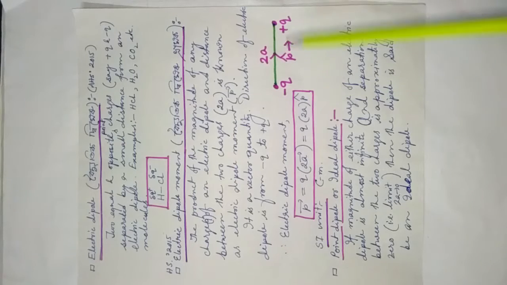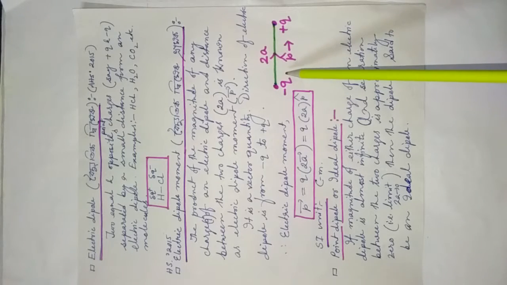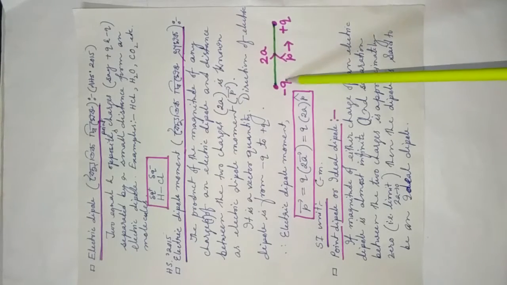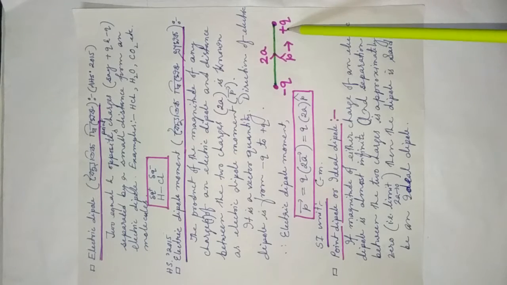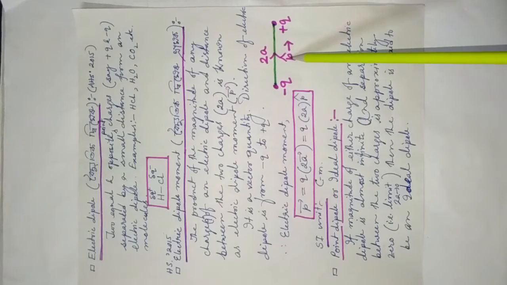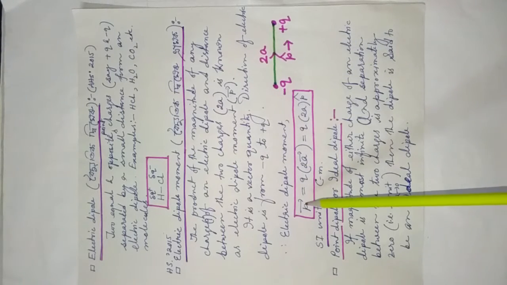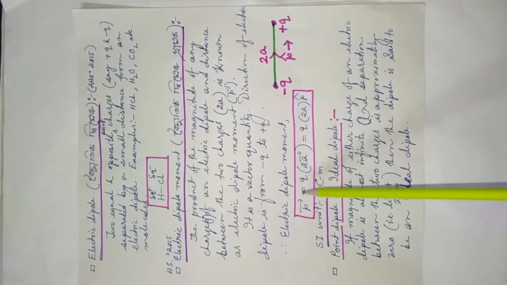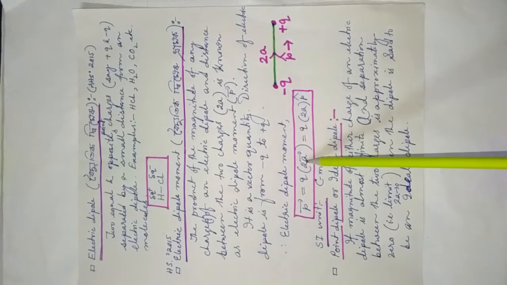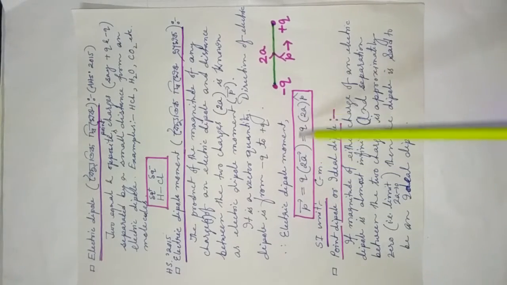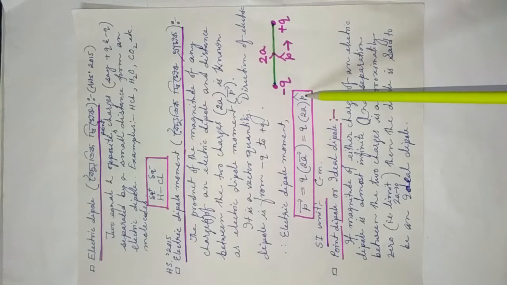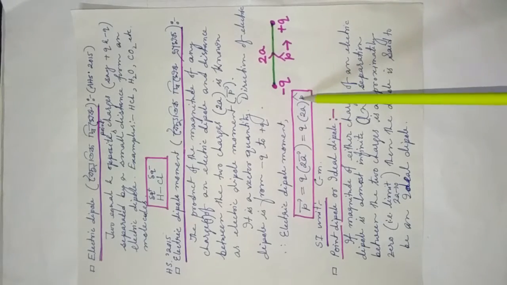But electric dipole moment is a vector quantity, and its direction is from minus q to plus q by convention. If you take a unit vector p cap from minus q to plus q direction, then in vector form we can write p vector equal to q into 2a vector. If you take the magnitude only, to give a direction we have to multiply by the unit vector p cap.